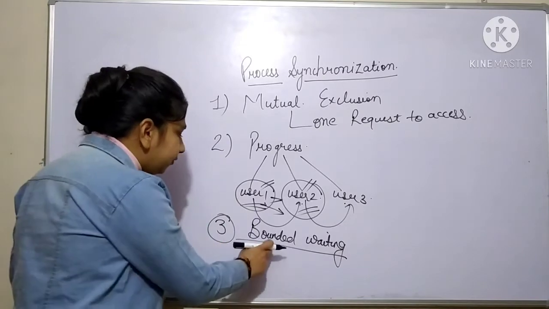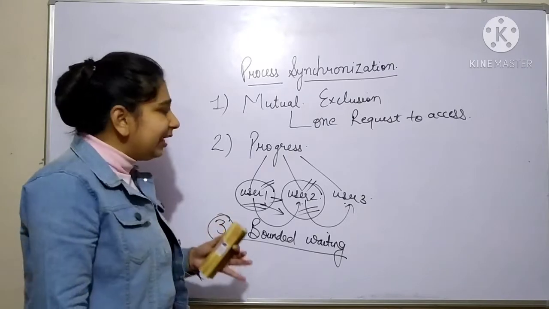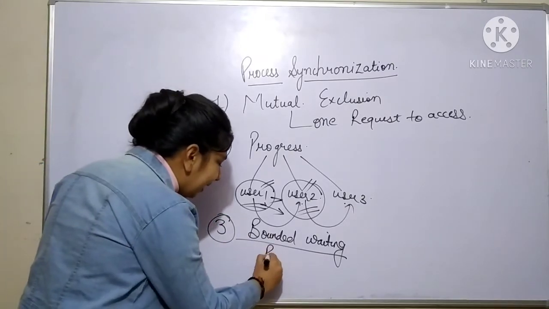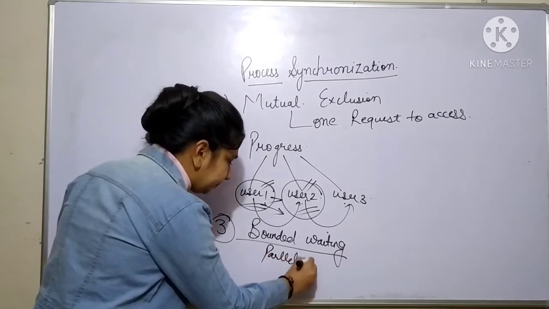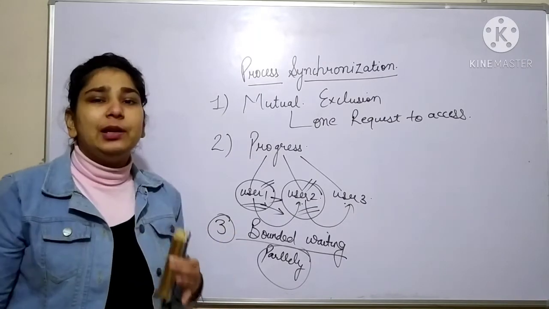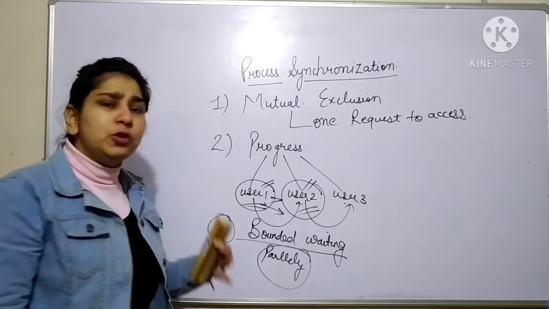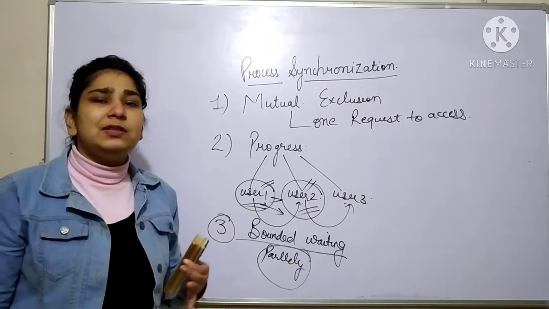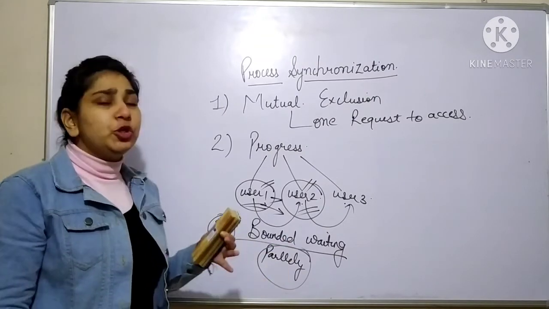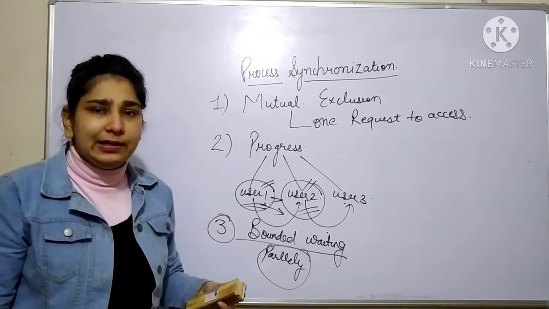What is the meaning of bounded waiting? Bounded waiting means we are running many requests at the same time, many requests parallelly. We should give a chance to all the user requests as fast as possible. Your user requests shouldn't wait for a long period of time, they shouldn't wait infinitely.